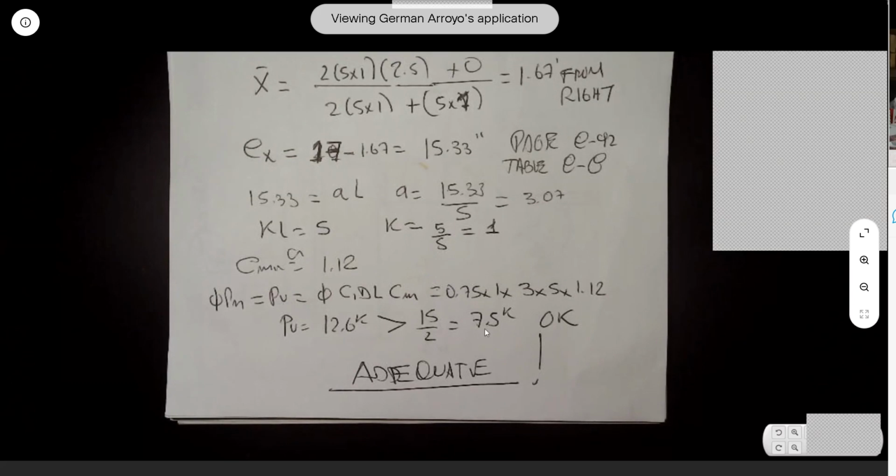12.6 kip is larger than what I was saying, using 50%. Okay. Because if you forget that there are two angles, you would say it doesn't work because 12.6 is more than 15, but it's only 50%. So this is added.